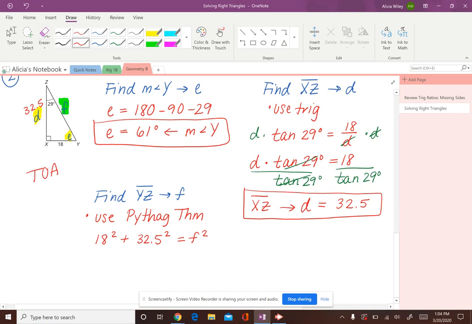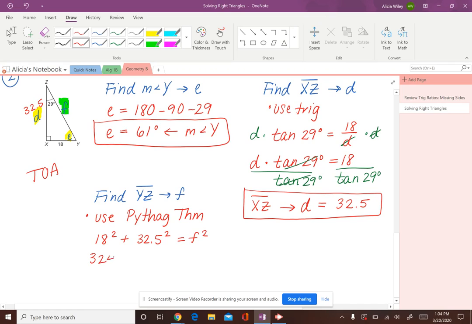Okay, so go ahead, do your 18 squared, go ahead, do your 32.5 squared on your calculator, and we will see what we get. So 18 times 18, so hopefully you're going through that math. Take a moment and do that.